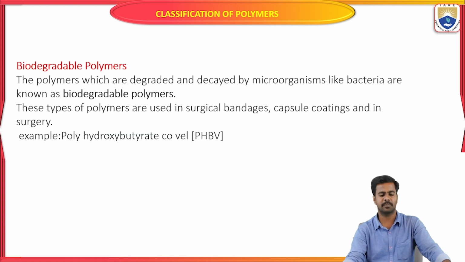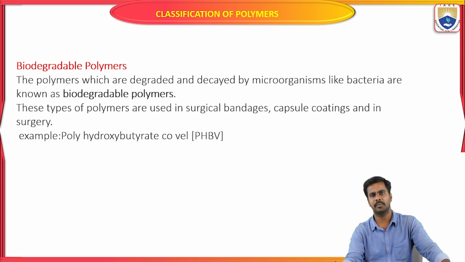And next type of classification is on the basis of degradation. So what is degradation? It is nothing but decay of material by the attack of microorganisms. So breakdown of polymers by the attack of microorganisms is nothing but degradation. This type of polymers are known as biodegradable polymers.